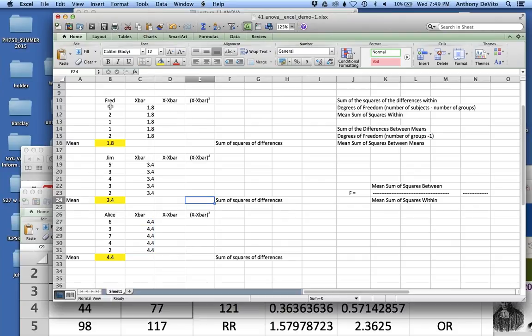Okay, so that's our means. X bars are all our means. So what's the difference between each value and the mean? That's going to be equal to this minus this. Now copy that down.